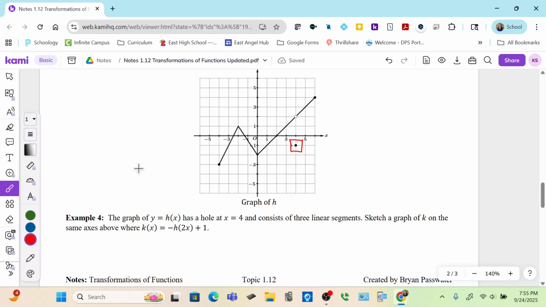So we're going to sketch a graph of k on the same axes, where k of x equals negative h of 2x plus 1. I'm going to take that square off my graph so I don't get it confused with some of the things I'm doing. Let's just identify what we're having to do here. The negative in front tells me that I'm going to have a reflection over the x-axis.